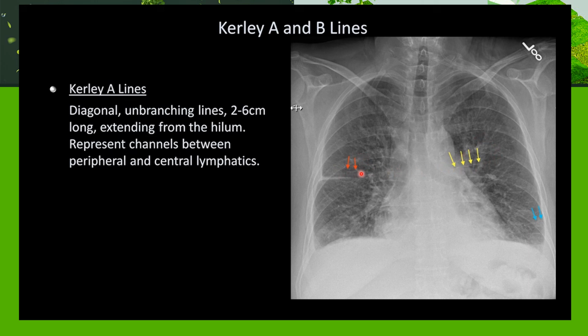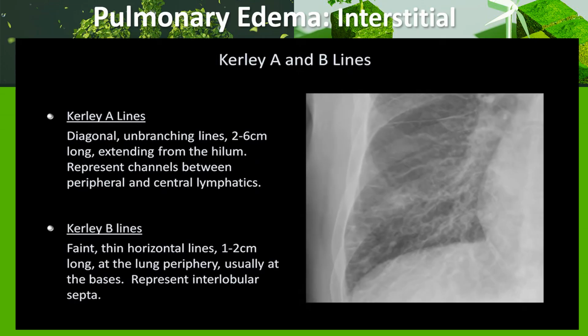Mostly B lines are easily seen, in the periphery. Kerley B lines are at the periphery of the lung near the pleural surface. They are horizontal, 1 to 2 centimeters, and mostly they are the ones seen easily in cases of interstitial edema.